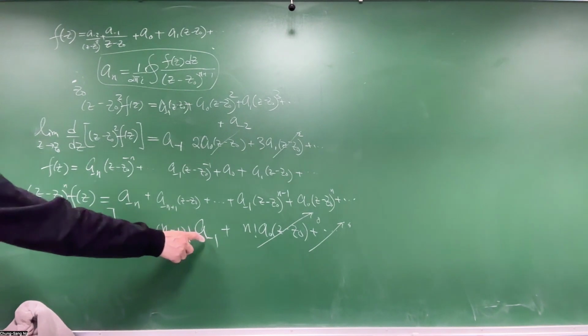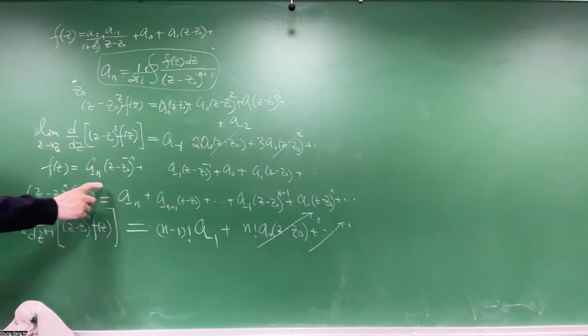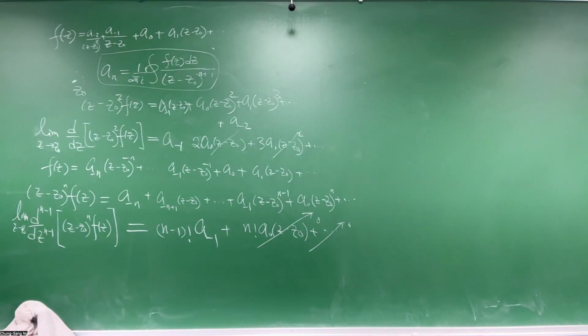So the formula will be, a minus 1, the residue, is this limit divided by n minus 1 factorial. Okay, so you get the general formula.